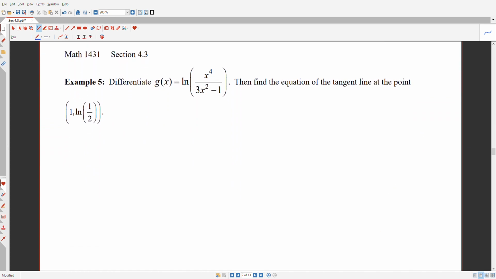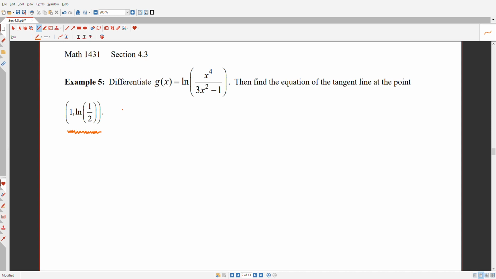Okay, so example 5 gets us to taking a derivative to find a tangent line. And whenever I see a problem like this, the first impulse I have is, let's make sure this point is actually a point on the graph of our function g of x.